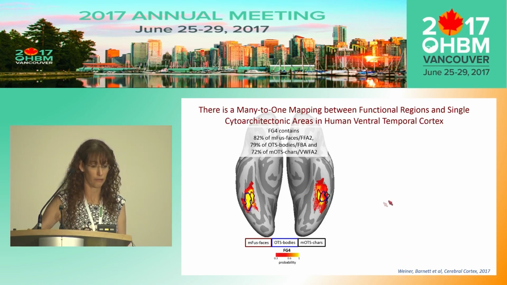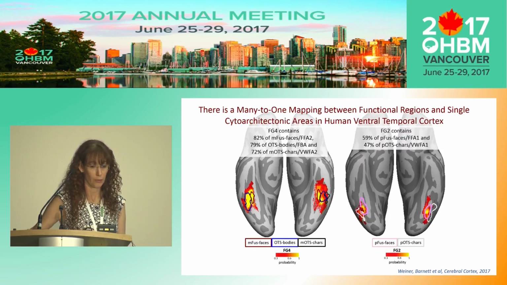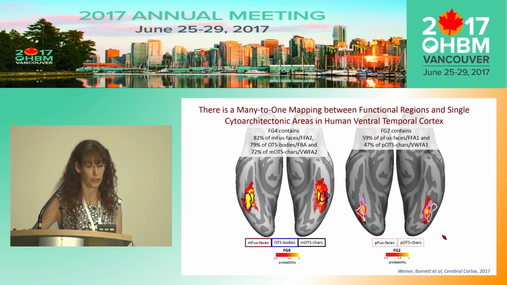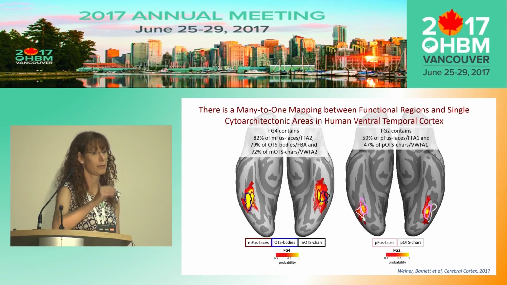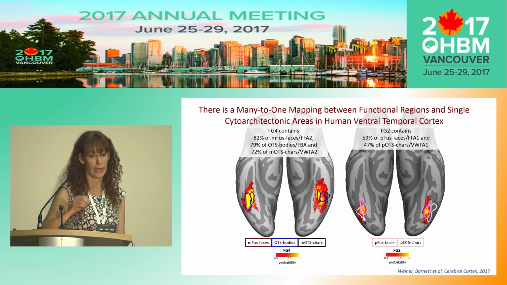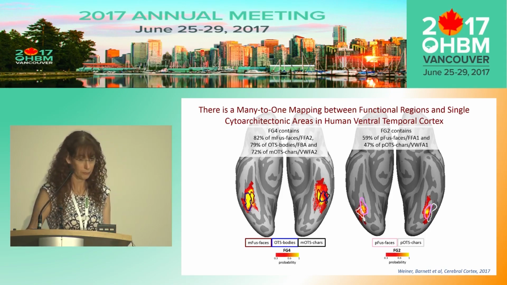For example, within FG4, you can find face, body, and word selective regions. And within cytoarchitectonic area FG2, you can also find face and word selective regions. So this suggests that there is a one-to-many mapping between cytoarchitecture and function.